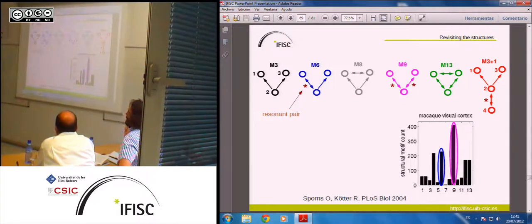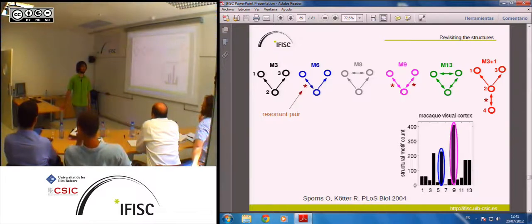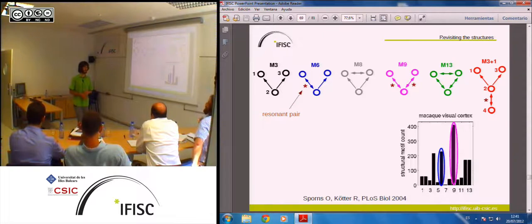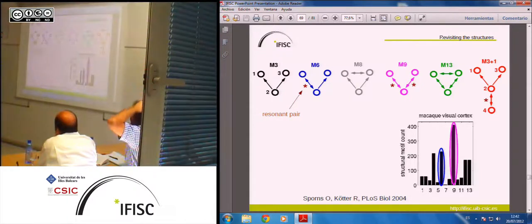Yeah, I mean, this is under discussion. There are many. Just tell me one. One mechanism that avoids synchronization. That avoids synchronization? Yeah, because you want always these two cortical areas to be synchronized, you just put them together, right? So you want to have situations where this is not synchronized with this, right?